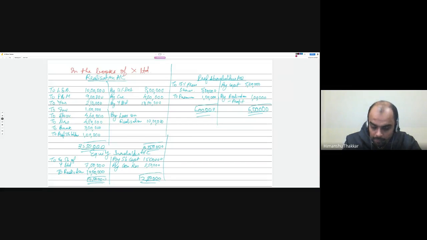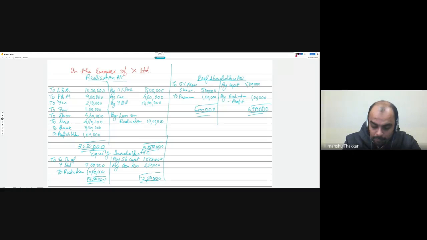Now you are paying less and you are getting more. You can just check. See, if your credit amounts are more and debit amounts are less, then you have to write goodwill account debit. In this case, debit amounts are more if you do the total than the credit amounts.